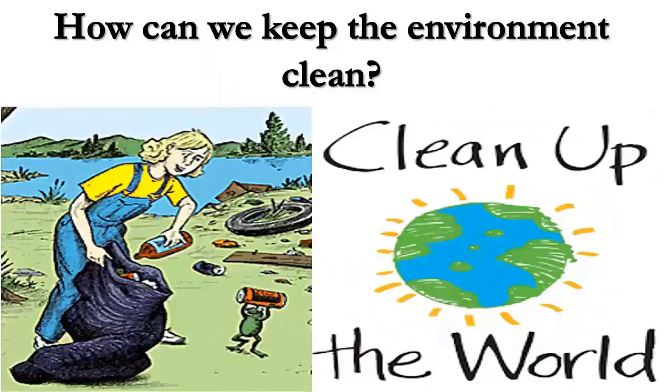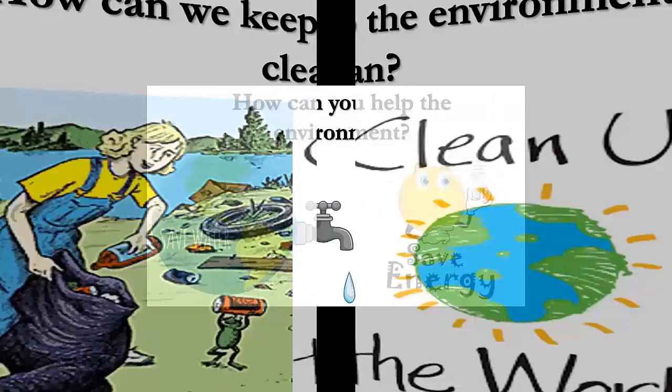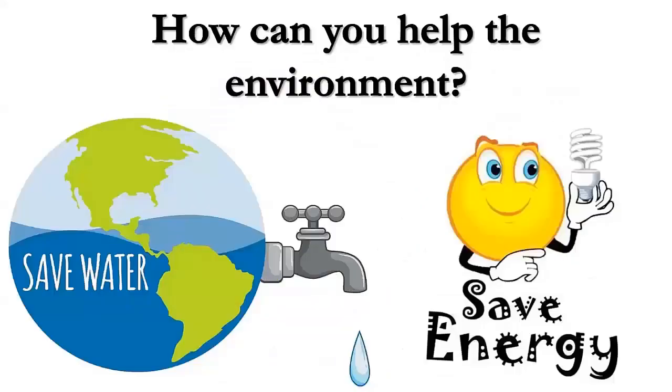How can we keep the environment clean? We should clean up all the world. How can you help the environment? Yes, there are important points we should take care about. We must save water. It's very important. Water is alive. A drop of water equals life. Also, we must save energy.